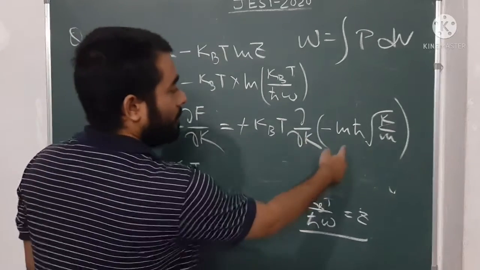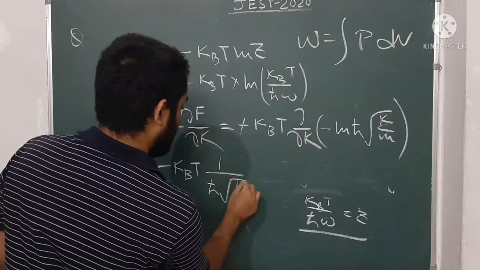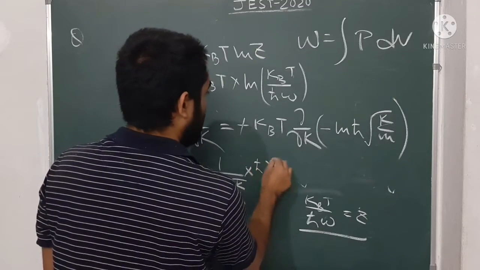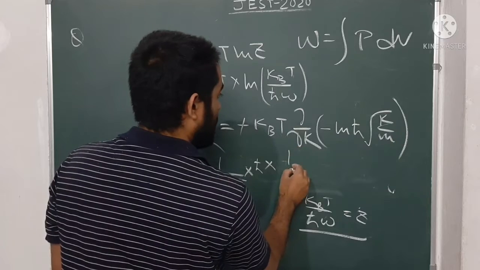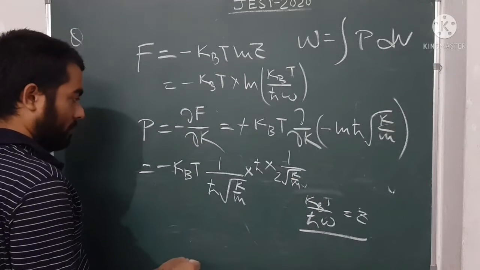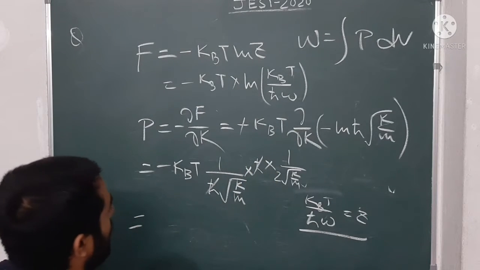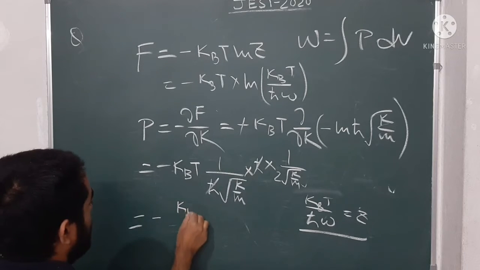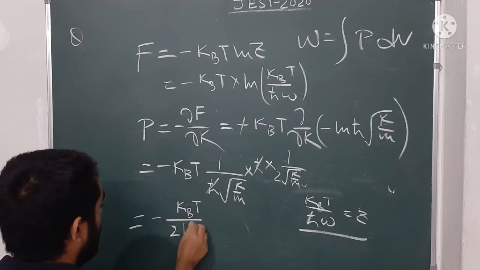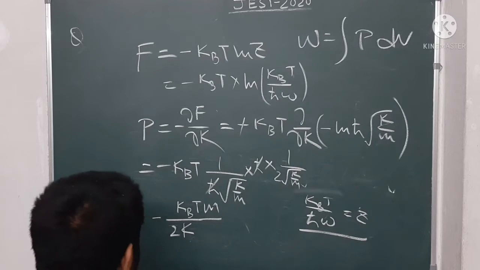kBT, the derivative of log x is 1 upon x, into, now we have to differentiate this, h cut into 1 by 2 root k by m. h cut is gone, and this will be minus kBT upon 2k, and m goes up.